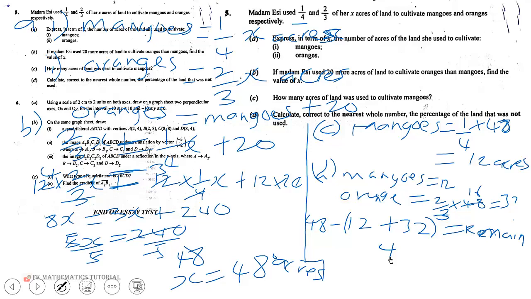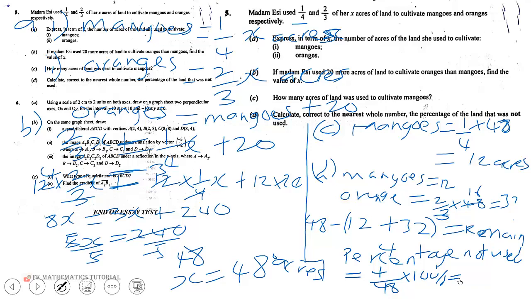So the percentage of land that was not used will be equal to 4 over the total, which is 48, times 100%. And this should give us 4 will go here, 12 will go here.